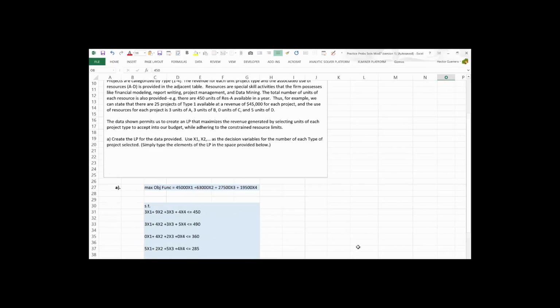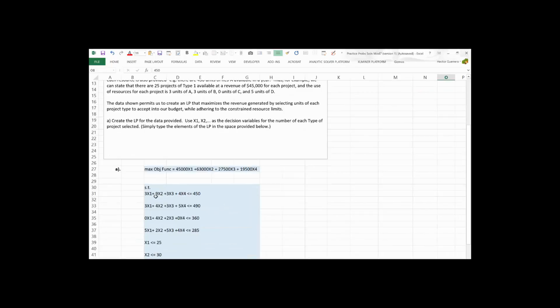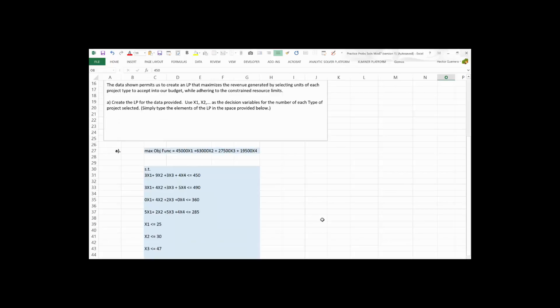The way we do that is we create, first of all, a set of 2 different kinds of constraints. Here ST means subject to. So our objective function is subject to these constraints.